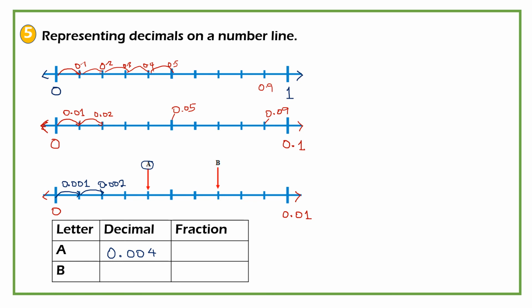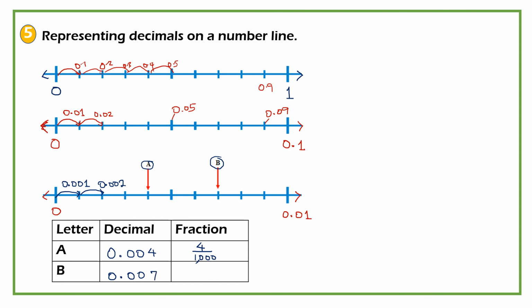And then as a fraction it will be 4 out of 1000. Then B will be 0.007.